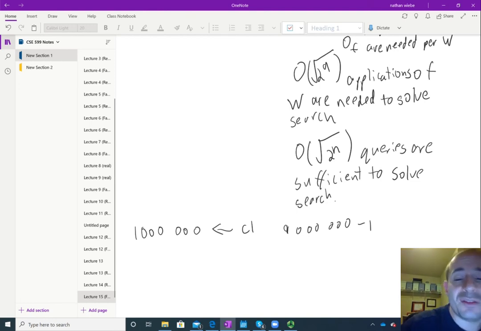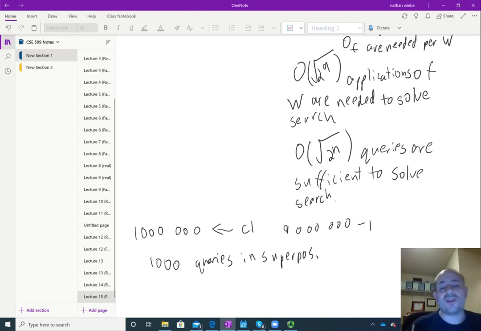Quantumly, we would only need to actually check 1,000 locations, queries in superposition, to do the same job. All right? And you might ask, okay, well, why is it a quadratic speedup?